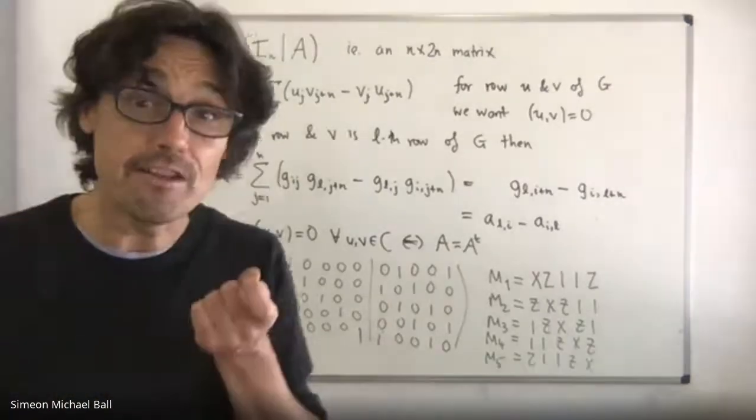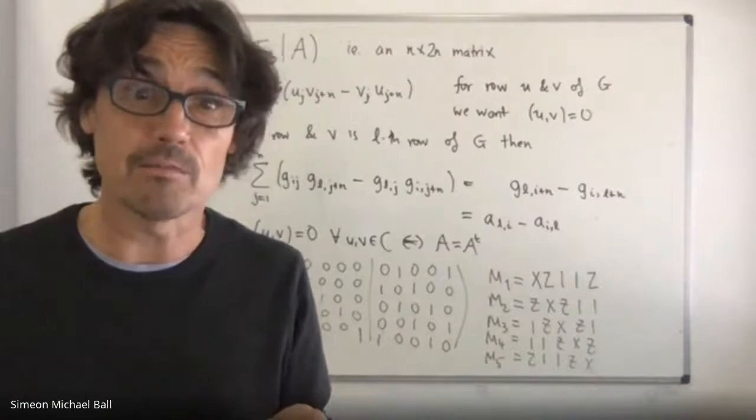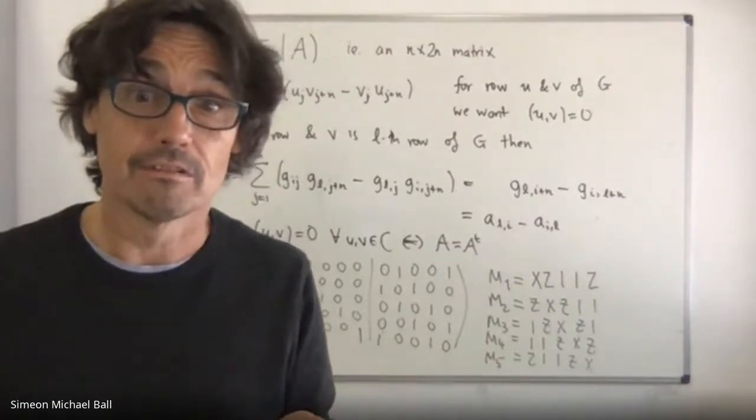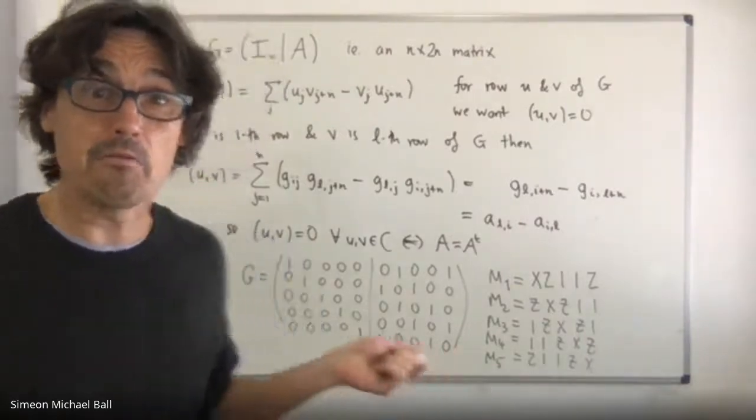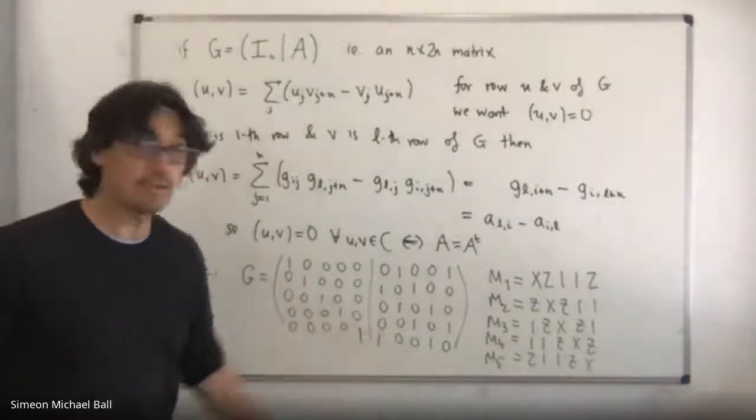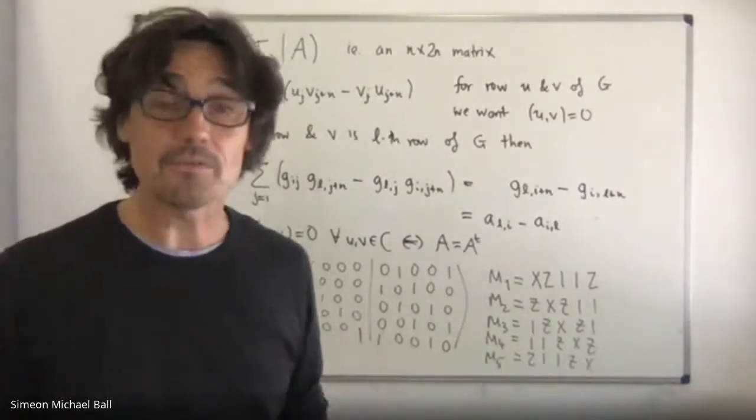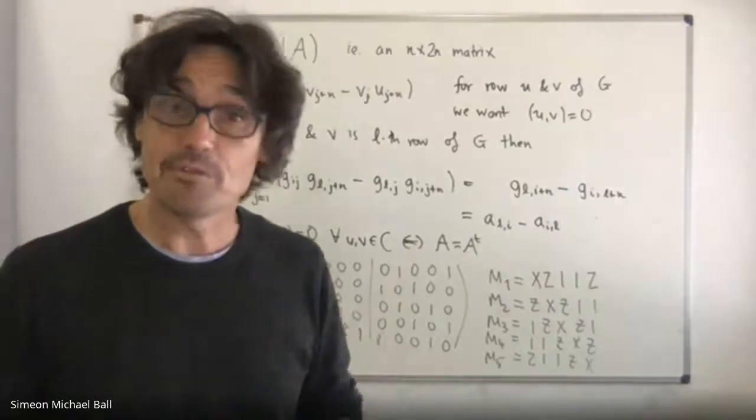Now that's a very quick way of making stabilizer codes. All we have to do is write our density matrix, a symmetric matrix, and we've got a stabilizer code.